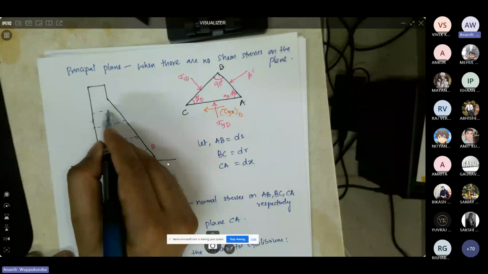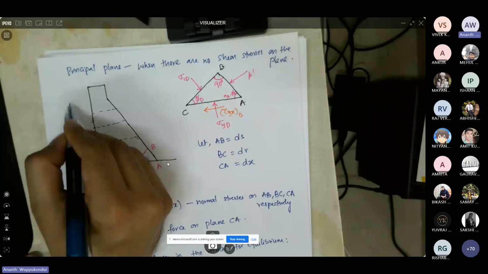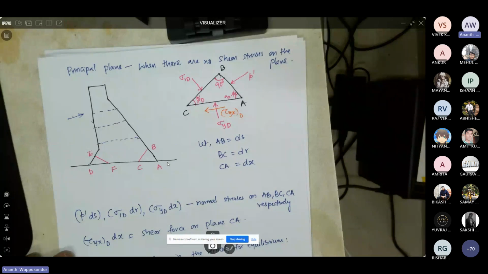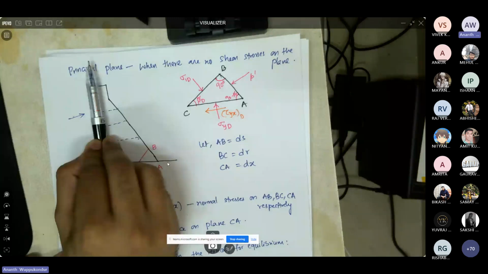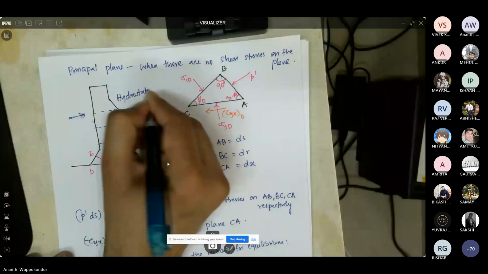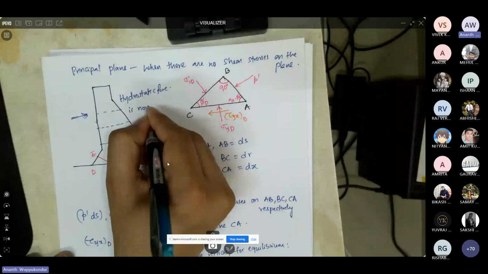And let us say we consider the hydrostatic force, which is horizontal. Now this horizontal force, if you look at the upstream face of the dam, is acting at 90 degrees, or it is normal to the upstream face. So the hydrostatic force is normal to the upstream face.